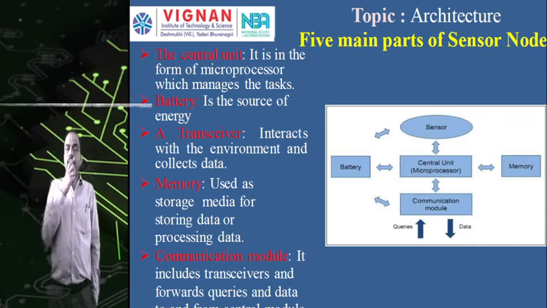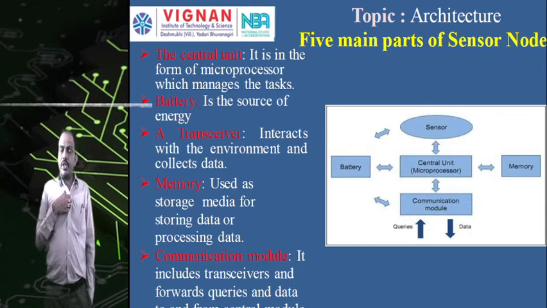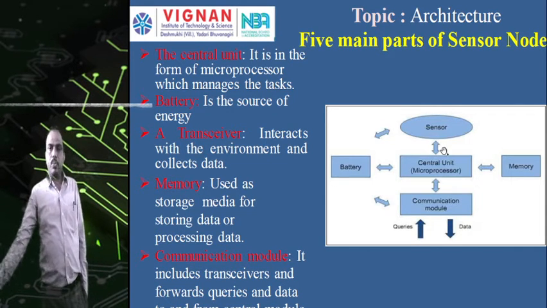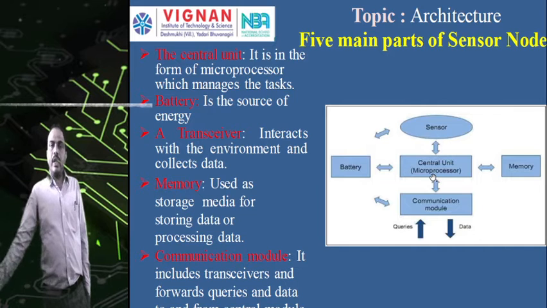It is the CPU, central processing unit, which takes decisions depending upon the sensor output. We have a program stored in it, and depending upon the program you have written and the input signal provided by the sensor, it takes decisions which manage some tasks.